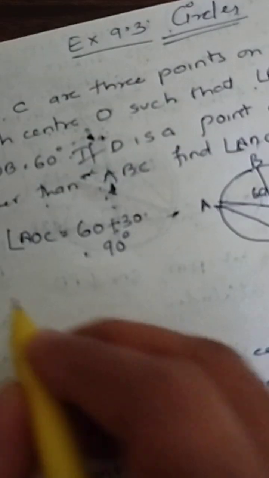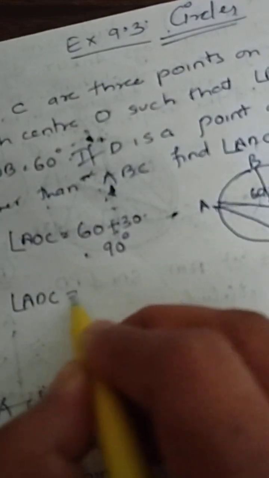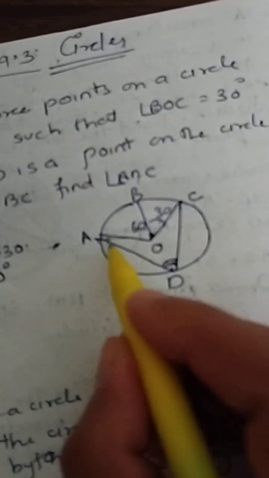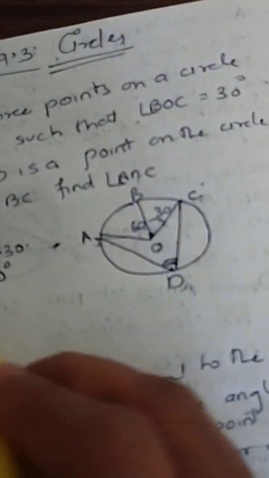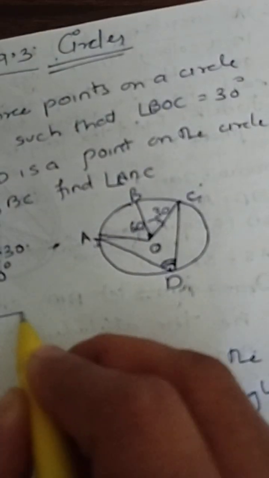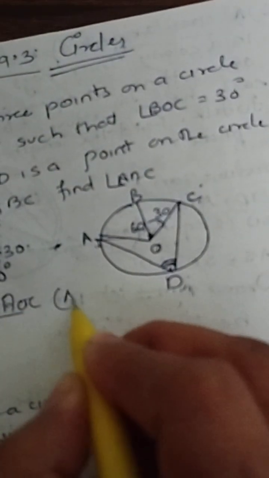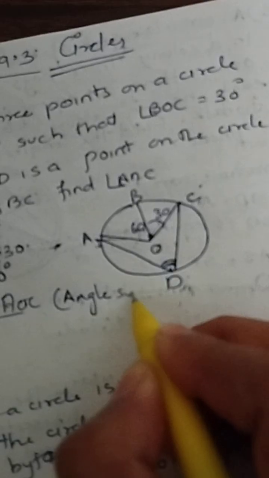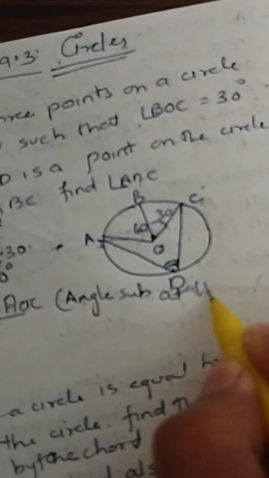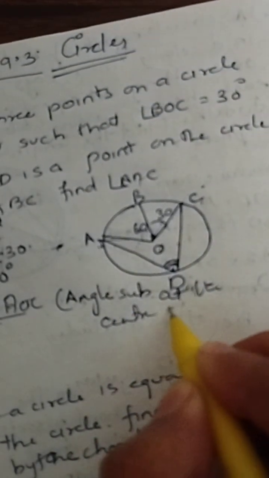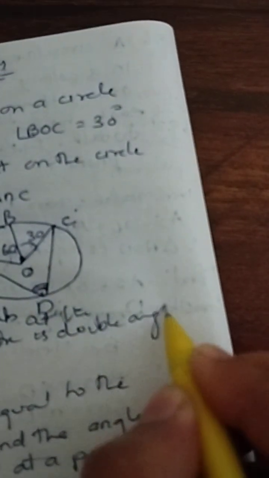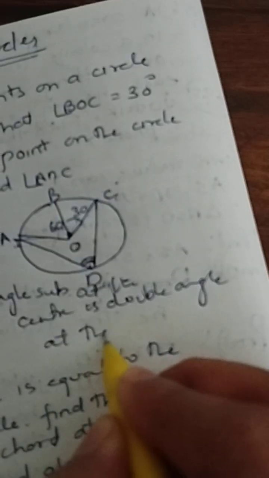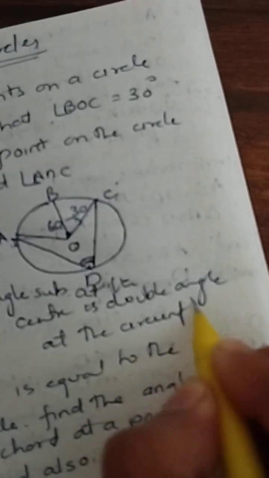And angle ADC is equal to half of angle AOC, because of the theorem: the angle subtended at the center is double the angle at the circumference. I'm writing a short statement.